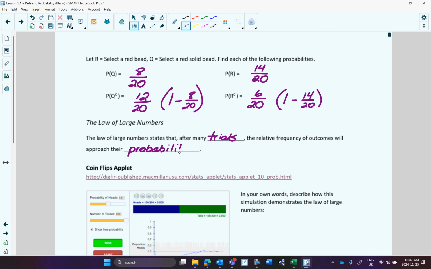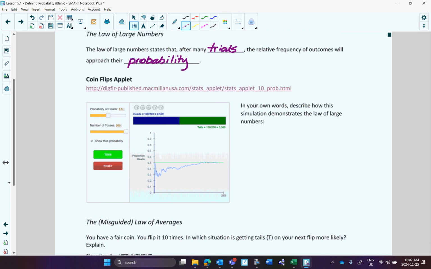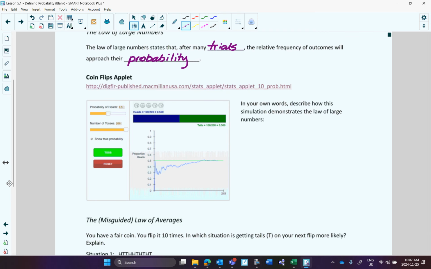So what I mean by that is, let's say you roll a die, a 6-sided die.